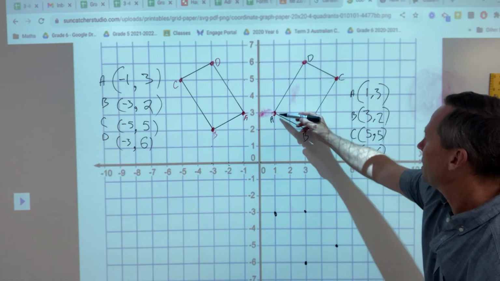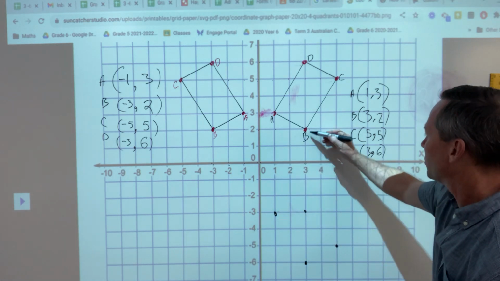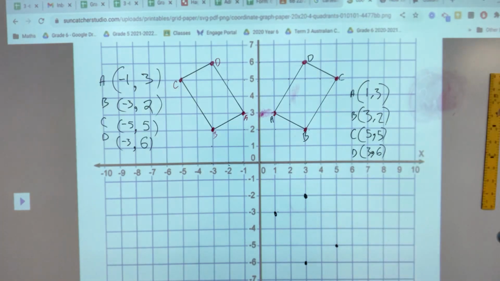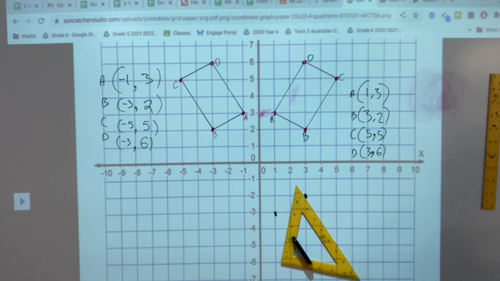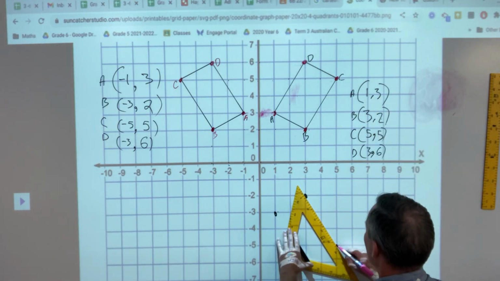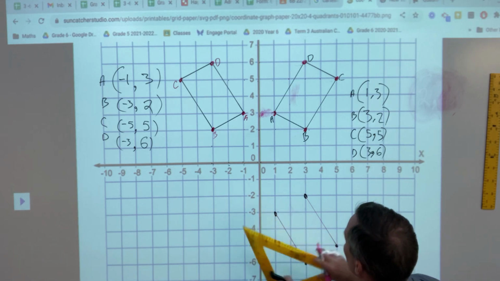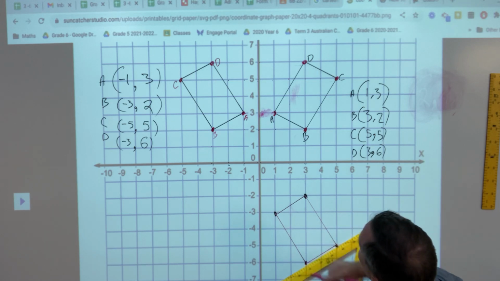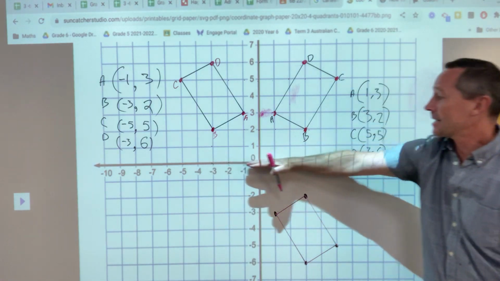A was right, B is right, 3, 2, so it'd be across 3, down 2, that one should be here. That's looking better. If I join them all up, it's the same shape, but it's been reflected across the x-axis.